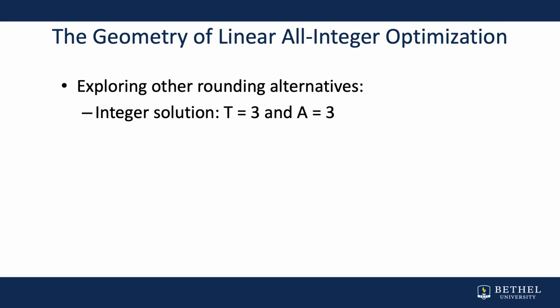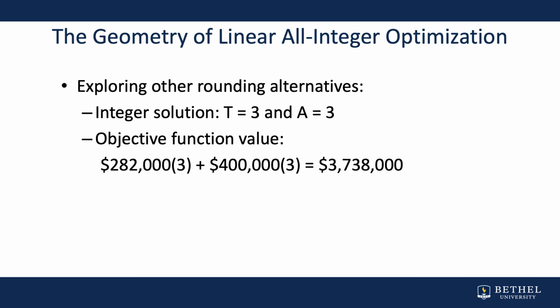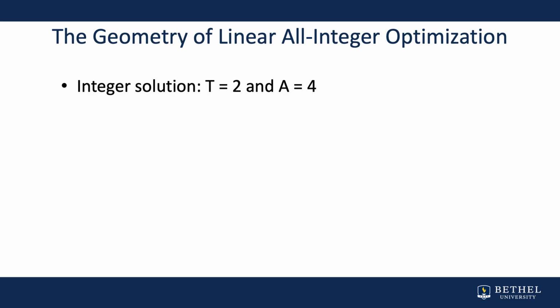So what do we do? We have to test other possibilities in the feasible region. One we could test is if we buy 3 townhomes and we use 3 apartment buildings. When we plug those numbers into our objective function, we end up with $3,738,000. We only have $2 million to spend, so we know that's not feasible at all.